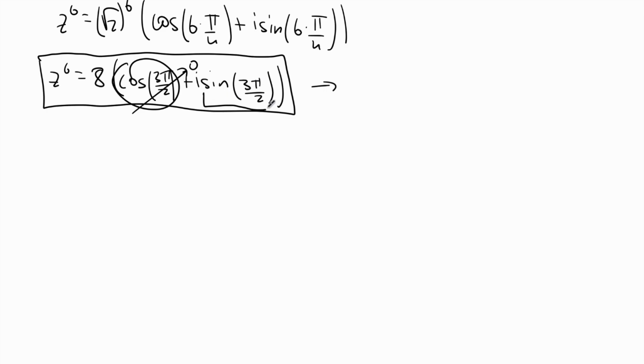So sine 3 pi over 2 is going to be minus 1. So this goes back to becoming 0 plus i times minus 1. And evaluating this further, we get minus 8i. So this will be your answer in regular form as well. Both answers, this here and the polar form, are exactly the same thing.